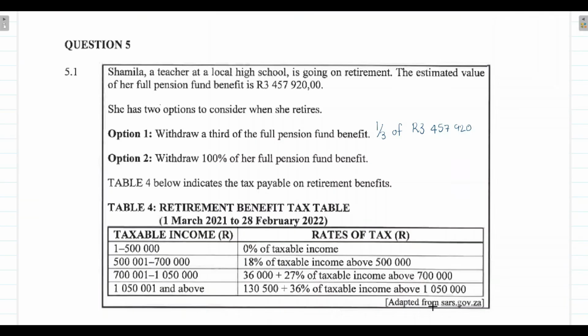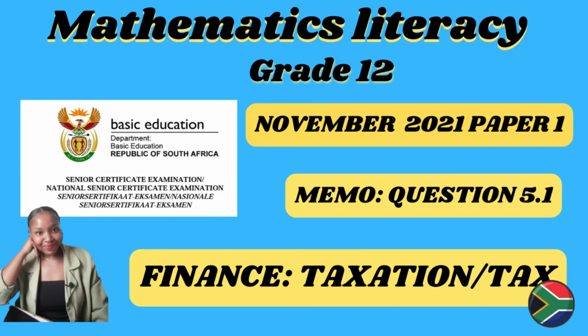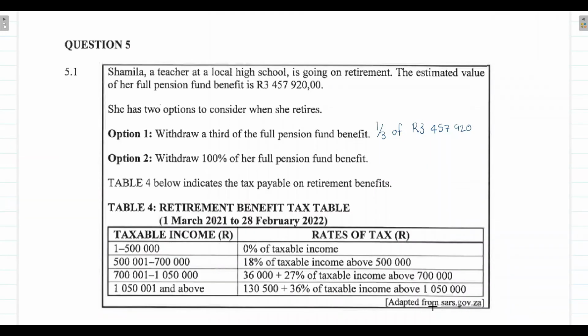So if you are currently studying taxation and you want a lot of examples to help you study this topic, please also have a look at that video tutorial, because I explain it in detail there. In this video tutorial, because I've explained it in detail in that one, I'm just going to be flowing through this one, because I expect that you have checked out that video tutorial. If you're studying, you should be looking at more than one resource to help you study. So please watch that video tutorial.